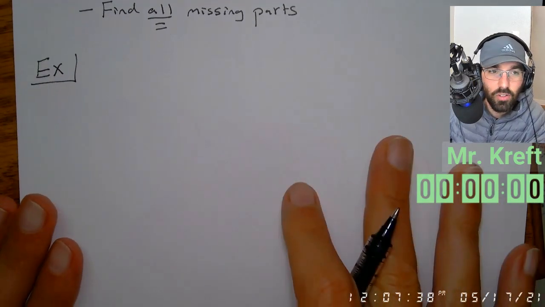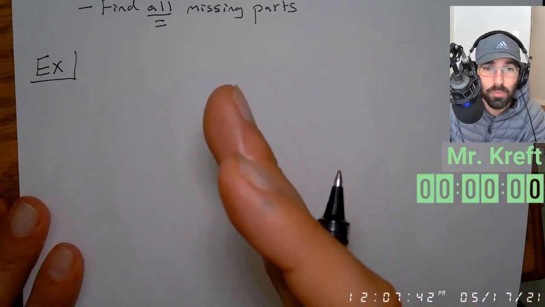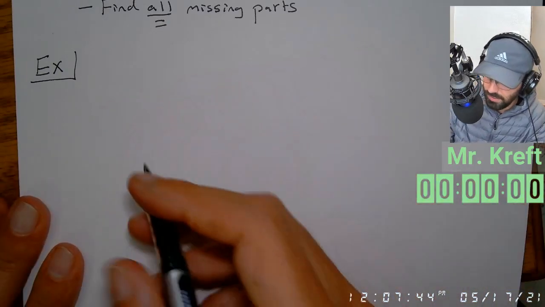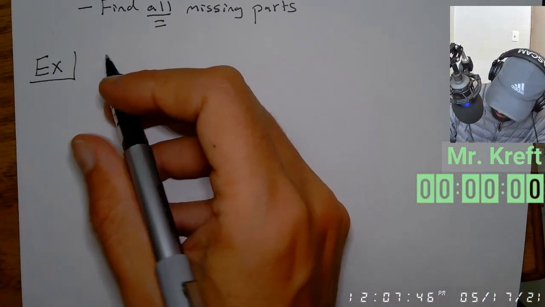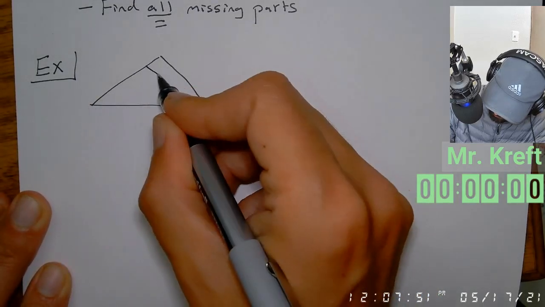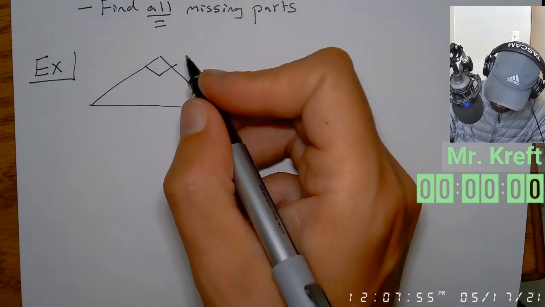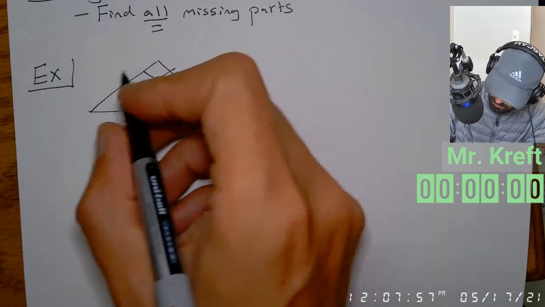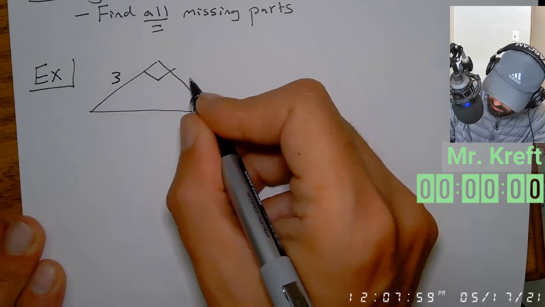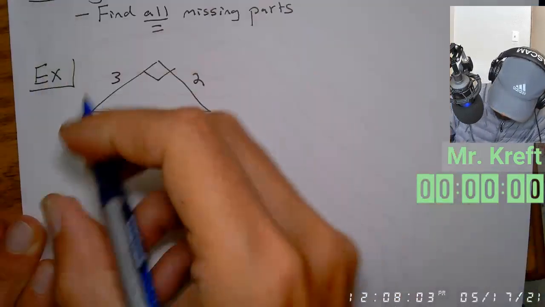And hey guys, this is going to take all sorts of different meanings. You can have all sorts of information and solve. But in this example, we're going to have a right triangle, and this side is 3 and this side is 2, and then we're going to label things.